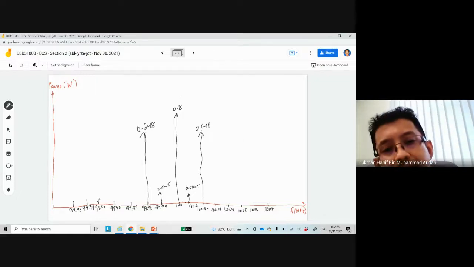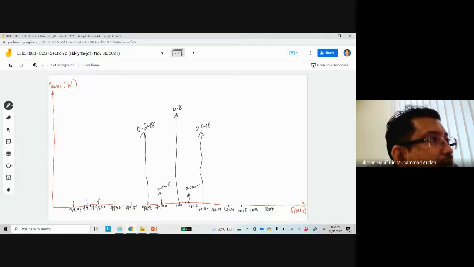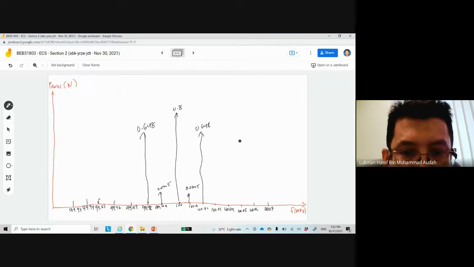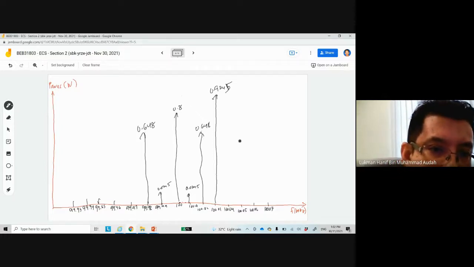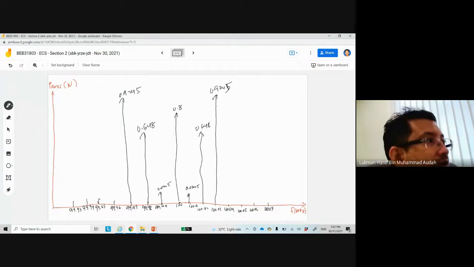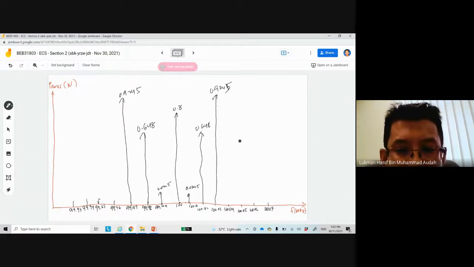And then the third sideband, 0.9245, somewhere over here. Don't use a ruler. 0.9245, so this is roughly around here. And then the fourth sideband, 0.392, is somewhere over here.